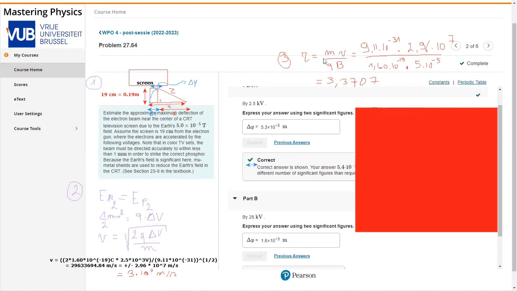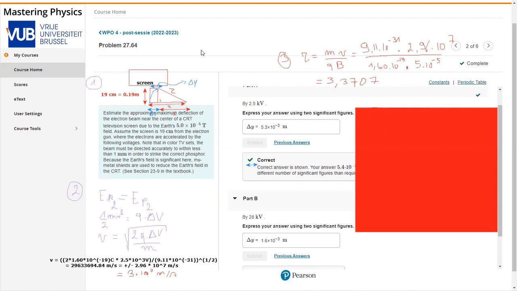R is equal to the mass times the velocity over the charge Q times the magnetic field. So I write it here. There's the mass of my charge, this is the velocity, this is the charge, and this is the magnetic field strength, the magnetic field that's induced.